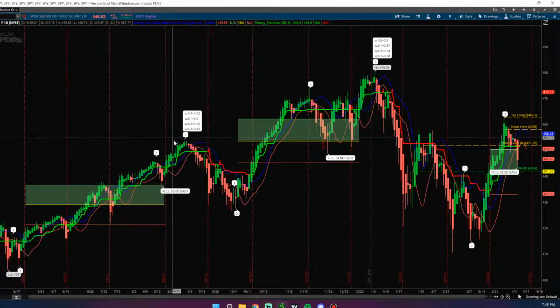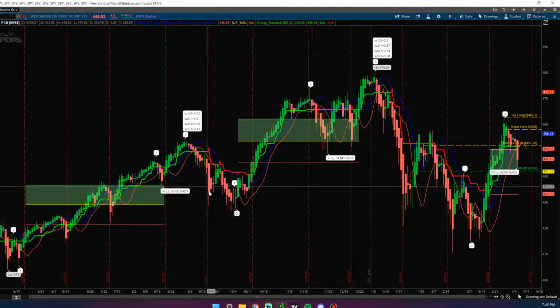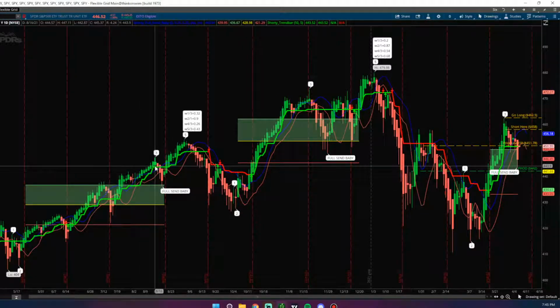The number 5 Full Send is generally the most violent, the quickest moving, and 4 would be the second most violent. As you go lower, the less violent that will be.